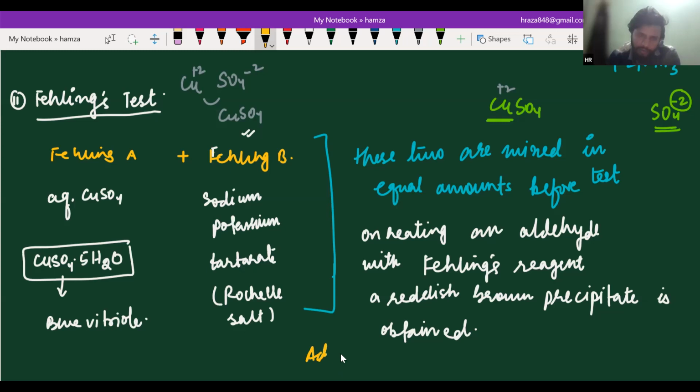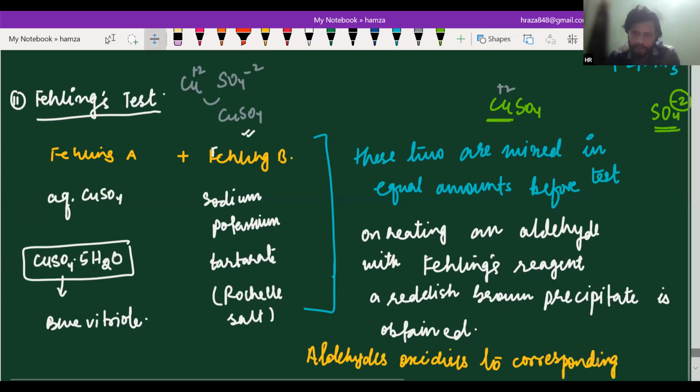So we can write, this is your aldehyde. Aldehyde oxidizes to corresponding carboxylate anion.